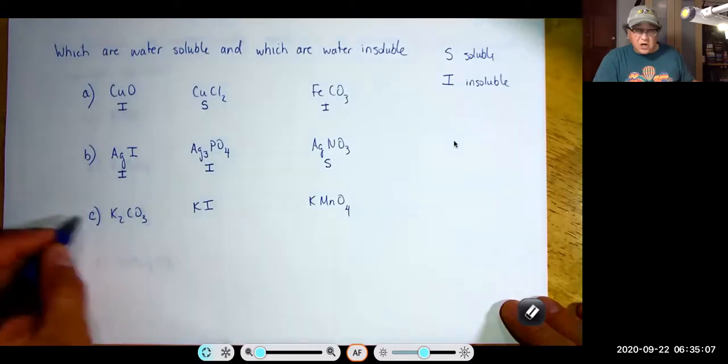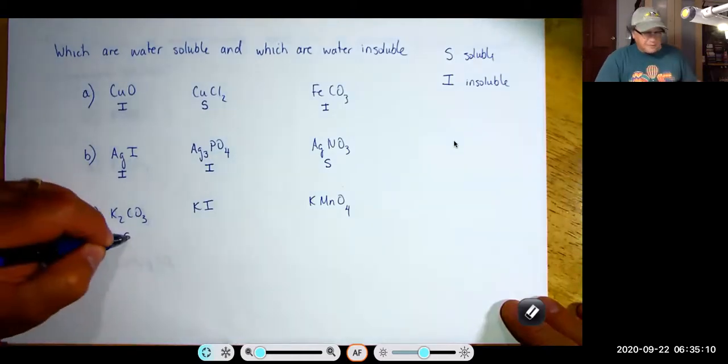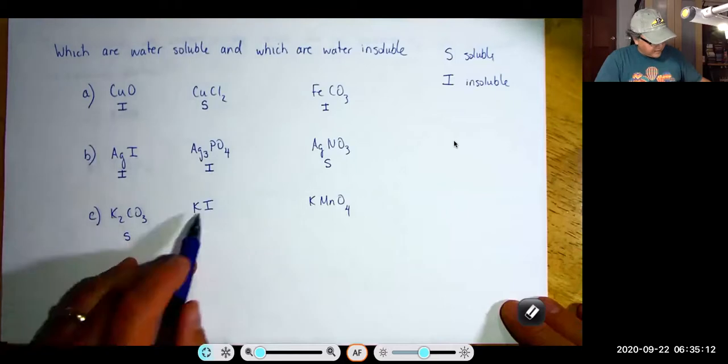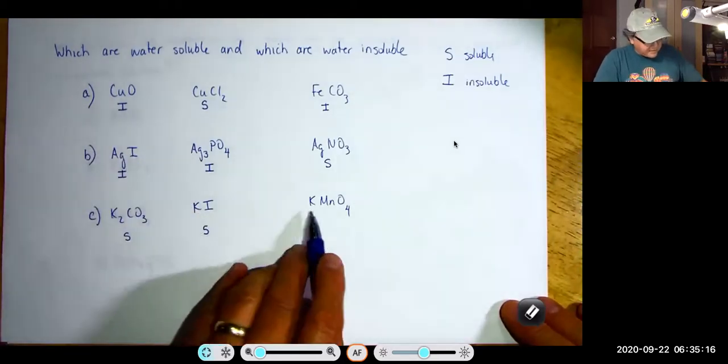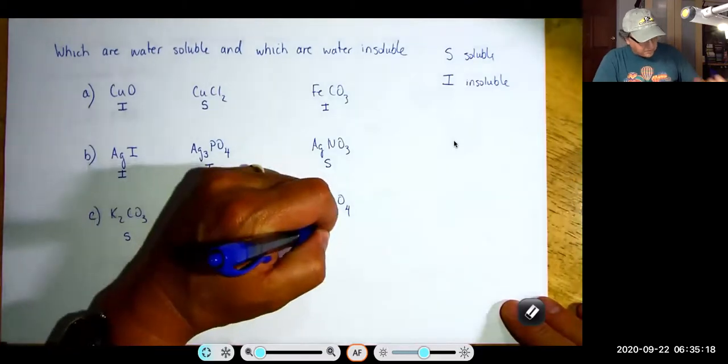Potassium carbonate, soluble because of the potassium. Potassium iodide, mostly soluble because of the potassium. Potassium permanganate, soluble because of the potassium.